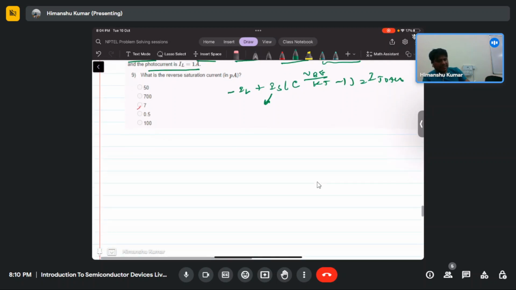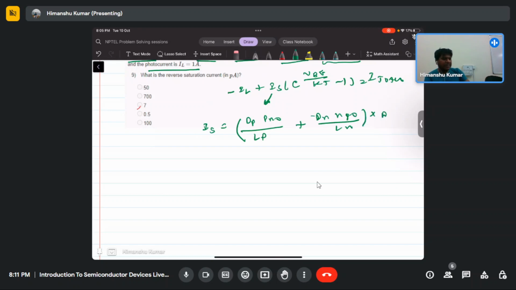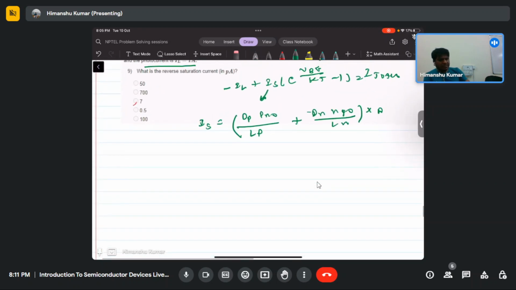The reverse saturation current in case of a normal PN junction diode is given as Dp Pn naught by Lp plus Dn Np naught by Ln, and this is current density, you need to multiply by the area.